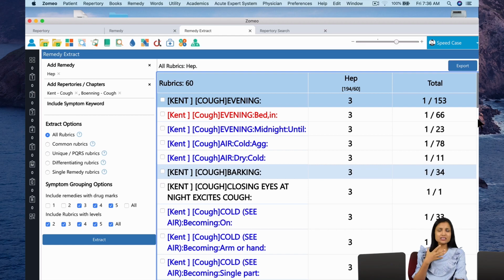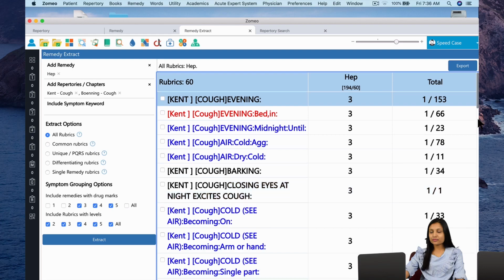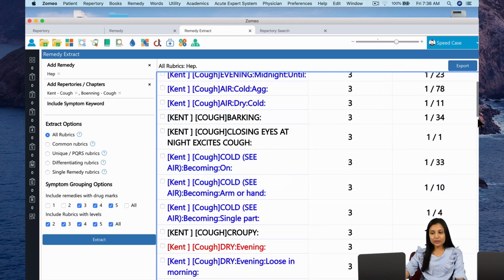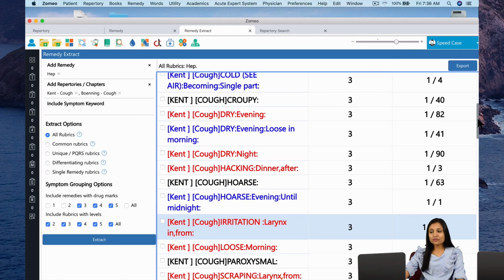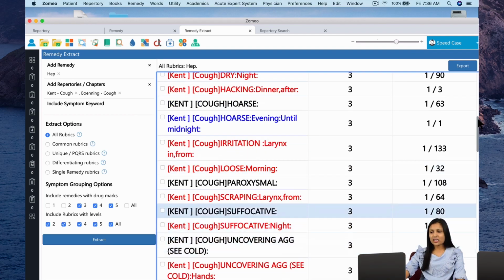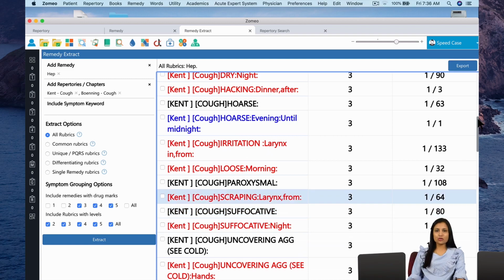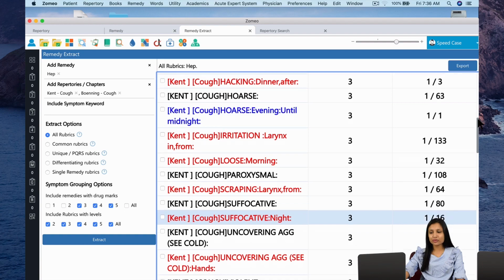That is the irritation of the cough in Hepar Sulph. It represents the irritation at the mental level. So you can see barking cough, croupy cough, cough from irritation in the larynx, a scraping type of cough, a suffocating and spasmodic type of cough.